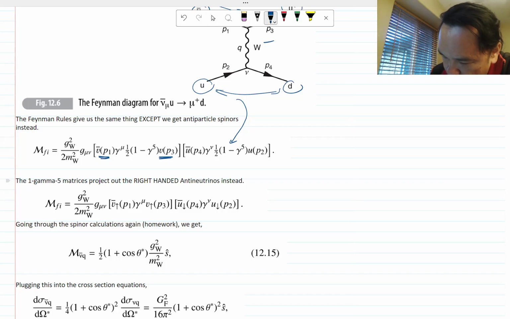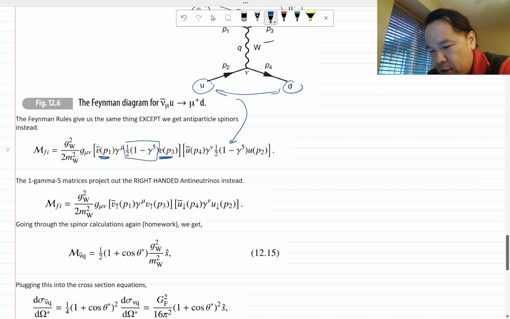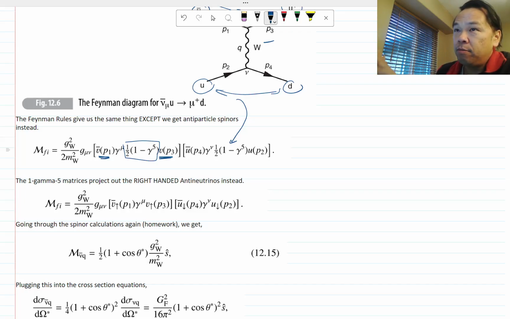Because these 1/2 (1 minus gamma 5) matrices, when they act on particles, project out the left-handed chirality part of that spinor. But if you act on anti-particles, it projects out the right-handed. Whatever the projection operator does, it does the opposite thing to particle versus anti-particles.